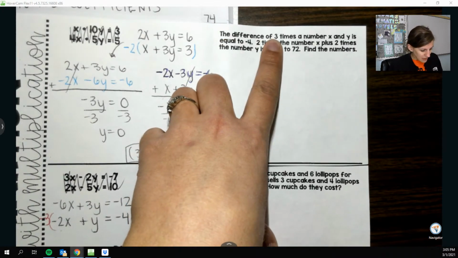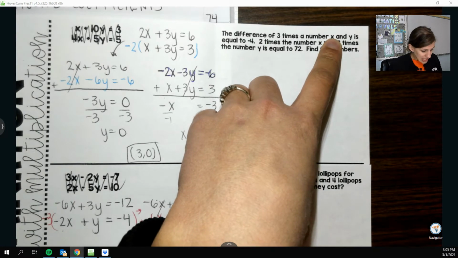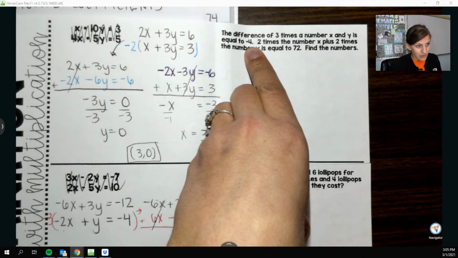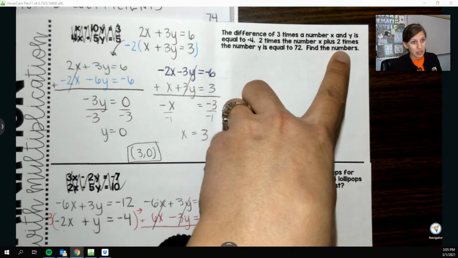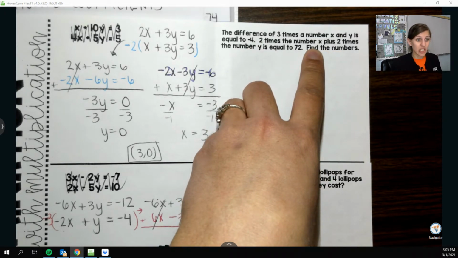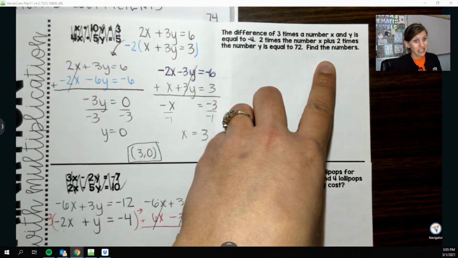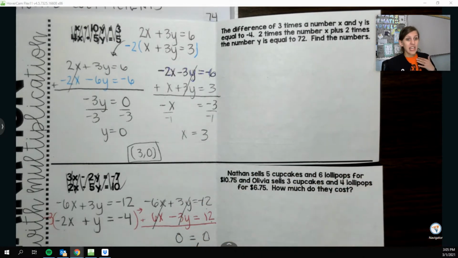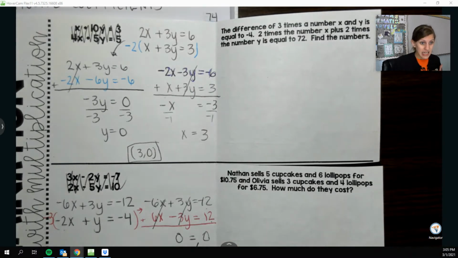The difference of 3 times a number x and y is equal to -4. 2 times the number x plus 2 times the number y is equal to 72. Find the numbers. I'll tell you right now, usually one sentence is about one equation and the other sentence is about the other equation. And it's really about knowing these keywords.